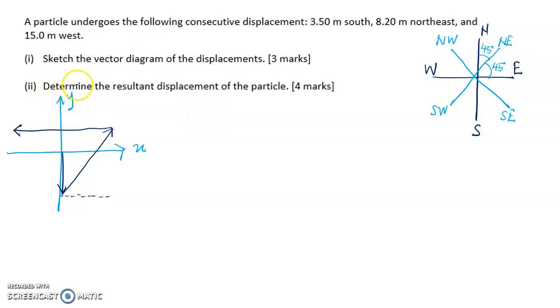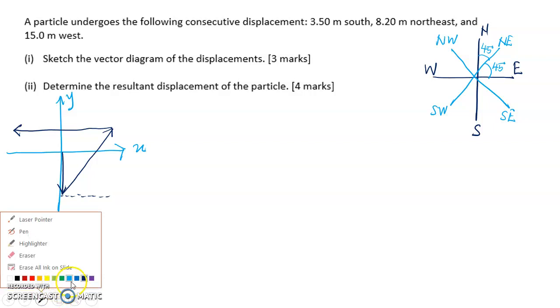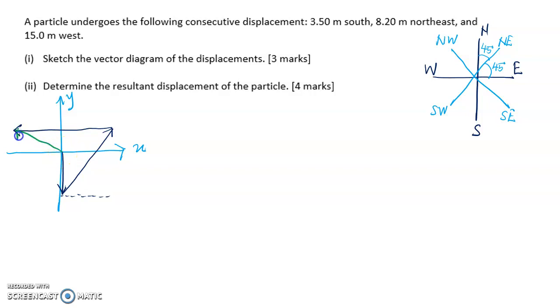Moving on, the second question asks you to determine the resultant displacement of the particle. The displacement is the shortest distance from the origin, or initial position, to the final position. So this is our resultant displacement, represented by this green arrow, and we can write it as vector r.